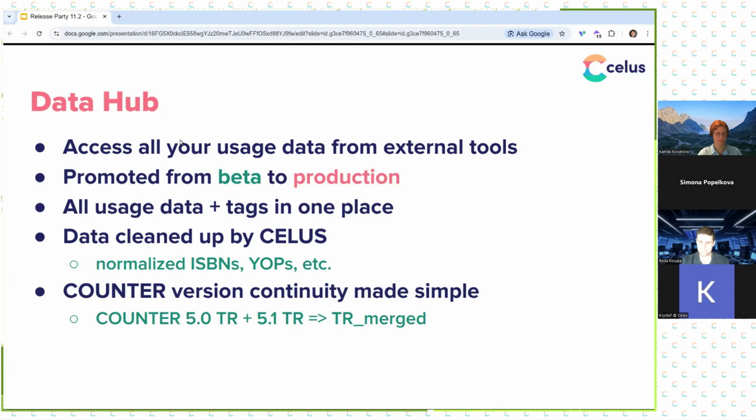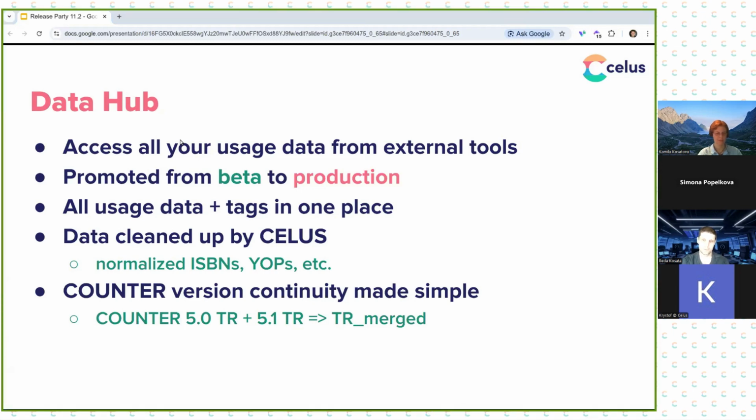So you can work with multiple counter versions very easily in the data hub as well. You will just have the TR and TR 5.1 reports, and there will also be a TR merged report which combines those two together, and you don't have to care about this at all. You will just write your queries as if it was one report. So that's a very interesting feature.